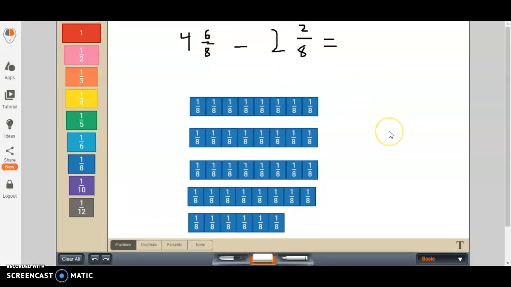With that being said, I know these look bigger, but let's see what we can do. If I have 4 and 6/8, 1, 2, 3, 4 whole numbers, and 1, 2, 3, 4, 5, 6/8, and I subtract 2 and 2/8, what would be my answer?